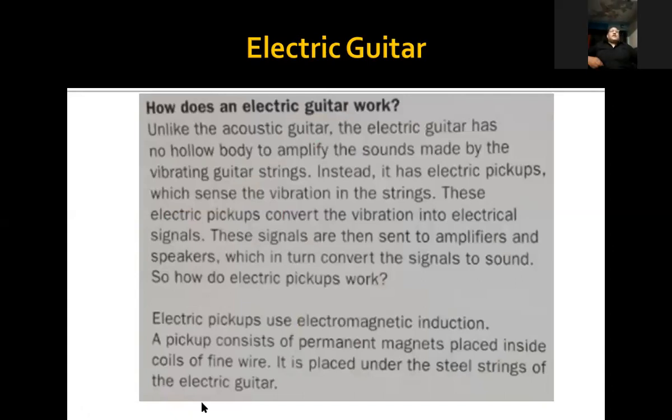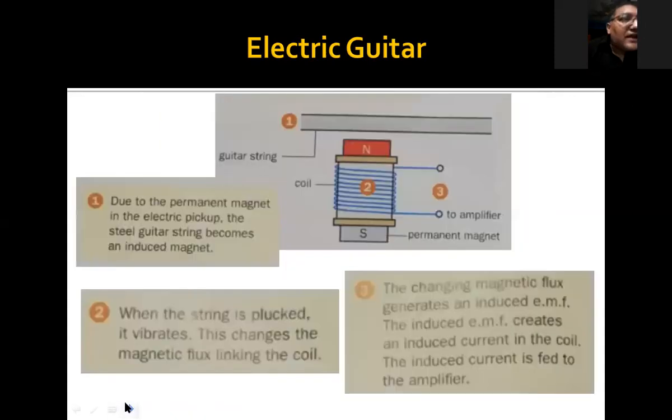Before we read this, let me show you here. Here you can see this is the string of the guitar. And here, under that string, is the pickup. This pickup has basically a permanent magnet in it.